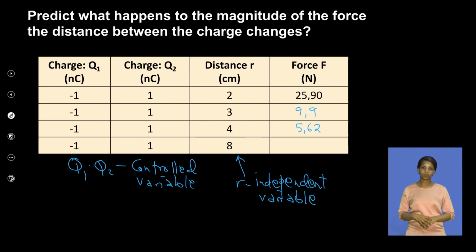So we go back to our table, 1,4 newtons. Now, what's the pattern that we are getting here? As the distance between the charges gets bigger and bigger, how does it affect the force? The force gets lesser and lesser. But let's pay attention to the proportion in which the force is decreasing while the distance increases, right?